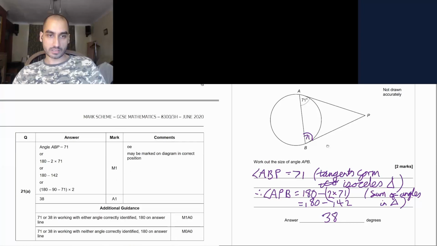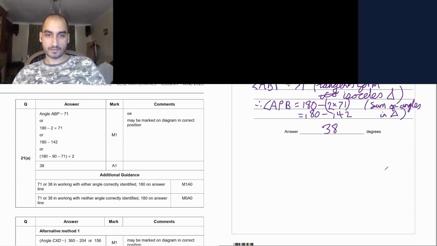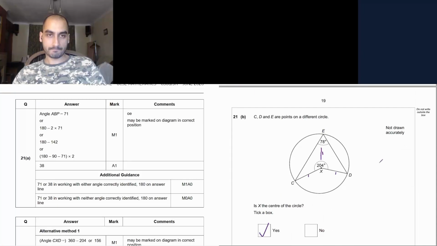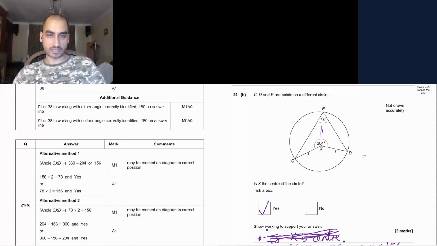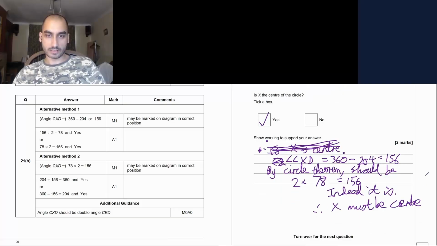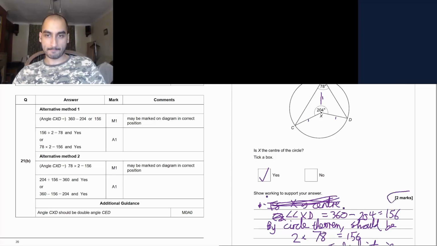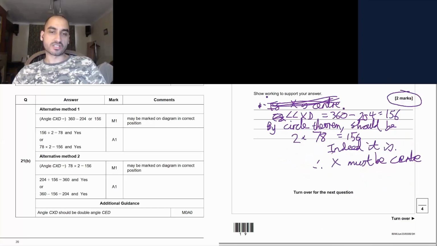38 degrees. Yep. Is X the center? Yes, is what I said. It would be yes. Double angle CED. Yeah, that's what I said. Right. So that's a really weird rule. It's just a rule.